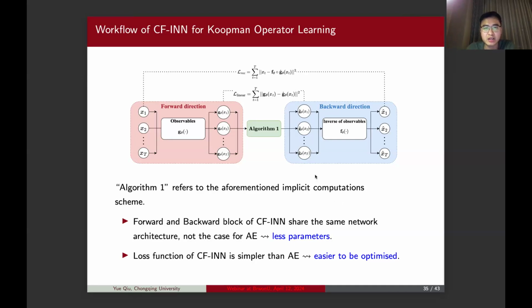The first part concerns the reconstruction error, and the second part concerns the approximation error of the Koopman operator. These two parts can already ensure accurate results. So we have fewer parameters, and then it's easier to optimize, or easier to train this problem.